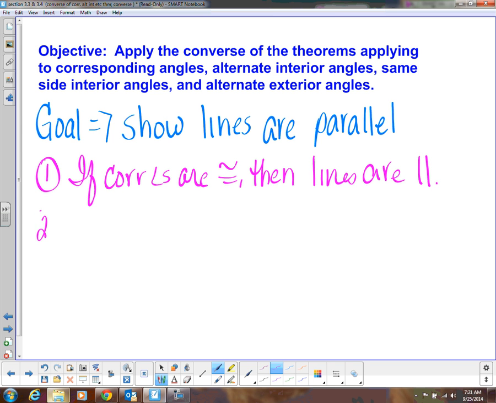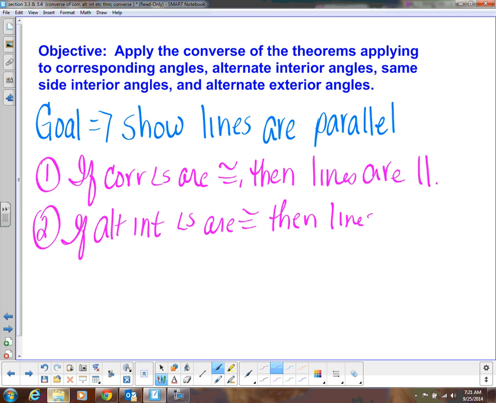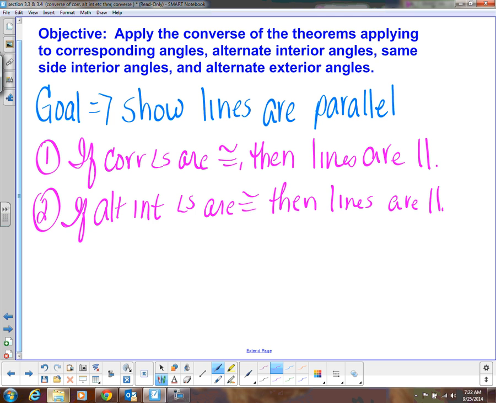All right. 2. If alternate interior angles are congruent, then lines are parallel. Anybody guess the third one?